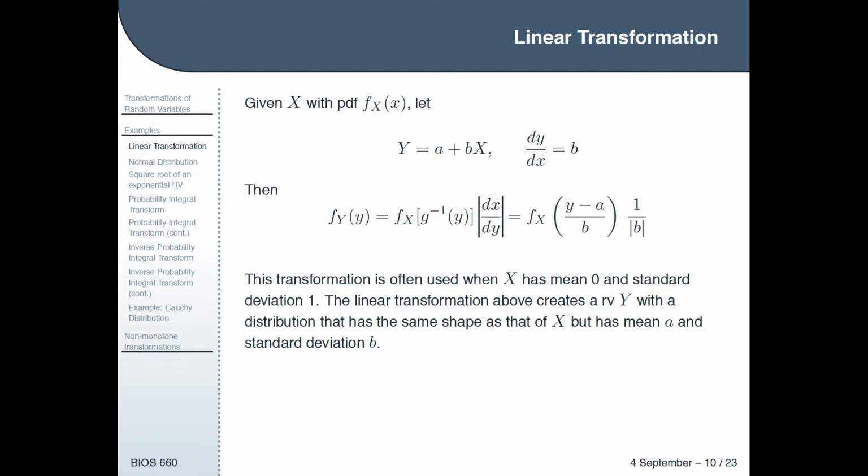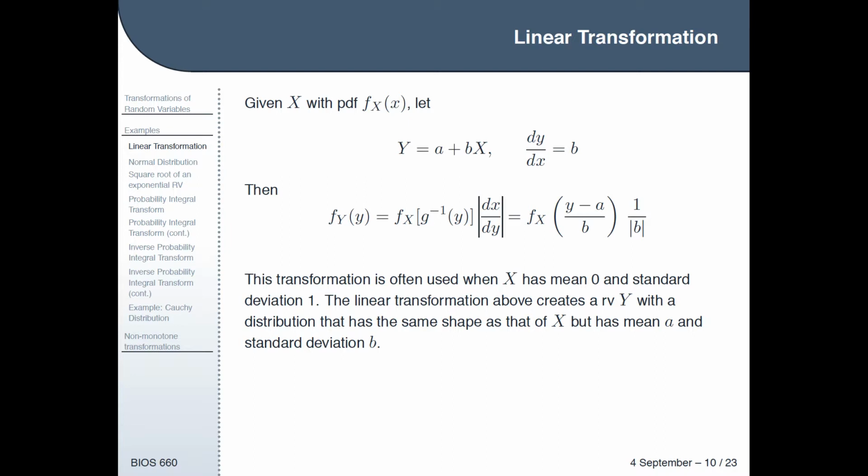And if you've taken basic statistics in the past, this transformation comes in handy when you want to create a new random variable that has the same shape of x but has given mean and standard deviation.